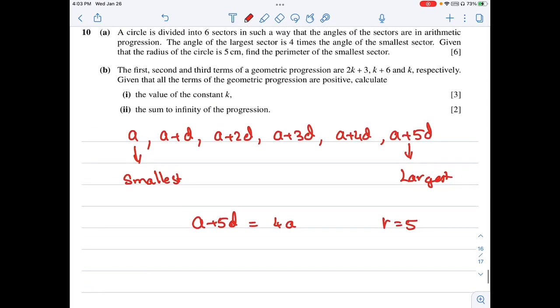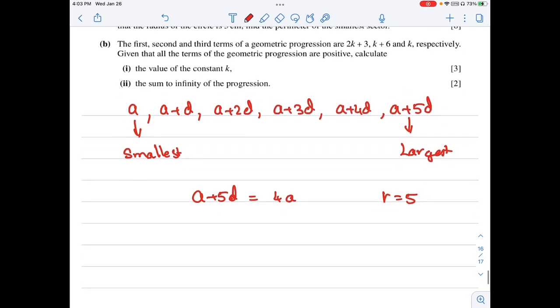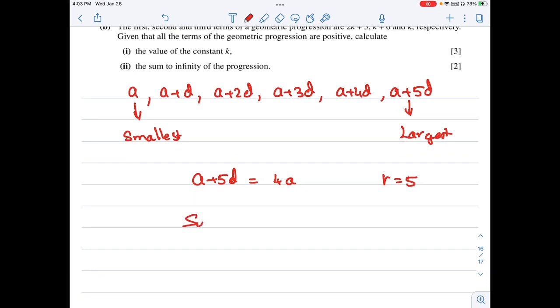A plus 5D is equal to 4A. Now the angle of the largest sector is 4 times the angle in the smallest sector. Given that the radius of the circle is 5 centimeters, find the perimeter. So we know that the sum of all angles is equal to 360 degrees, because angle at a point is equal to 360.